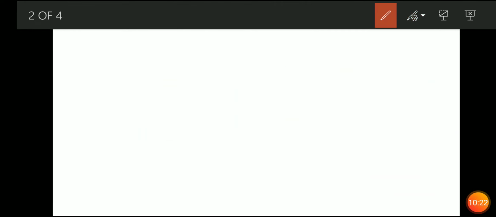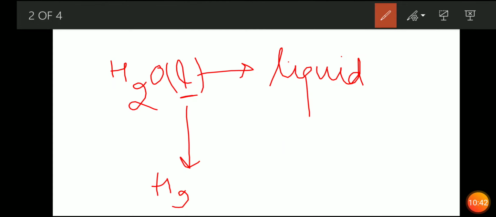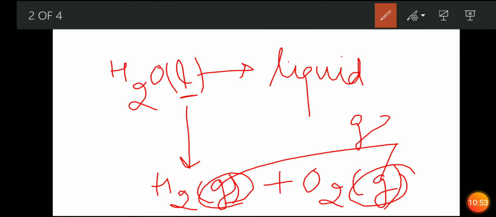See, for example, if we take H2O, in electrolysis I have written liquid over there. This L means it is liquid. When it undergoes electrolysis, it will form H2, that is in gaseous state, plus O2 in gaseous state. This G and this G mean they are in gaseous state.